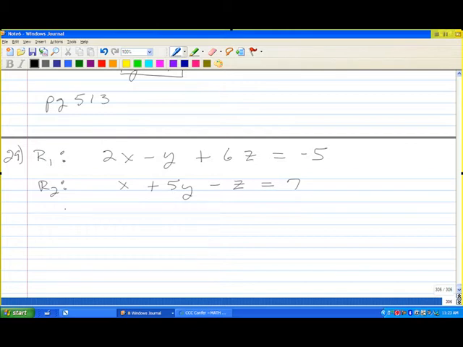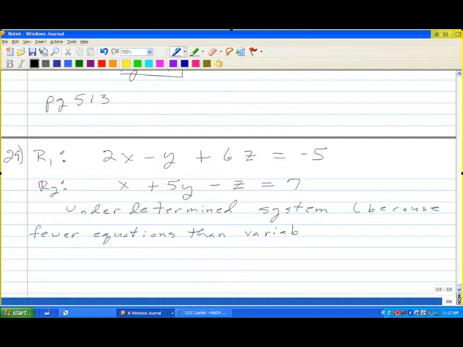So this is what's called an underdetermined system of linear equations because there are fewer equations than variables. In this case, I have two equations, but three variables.